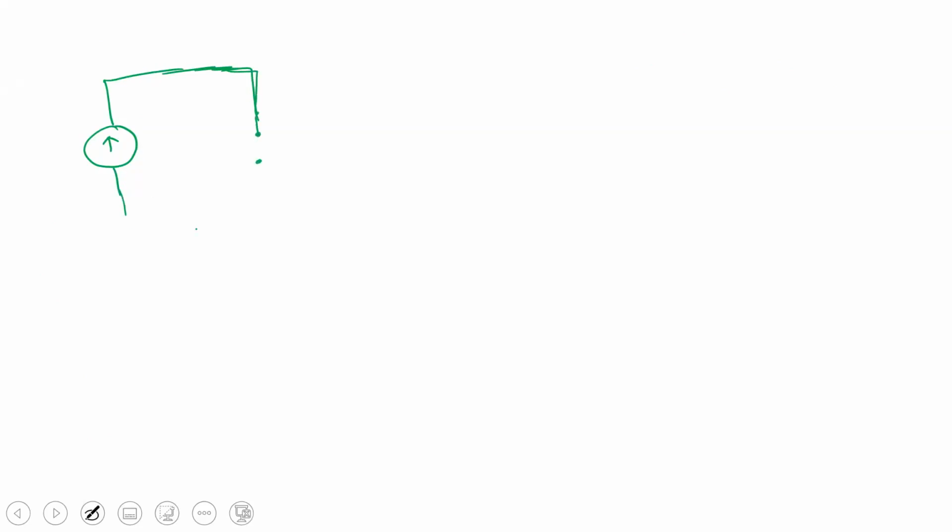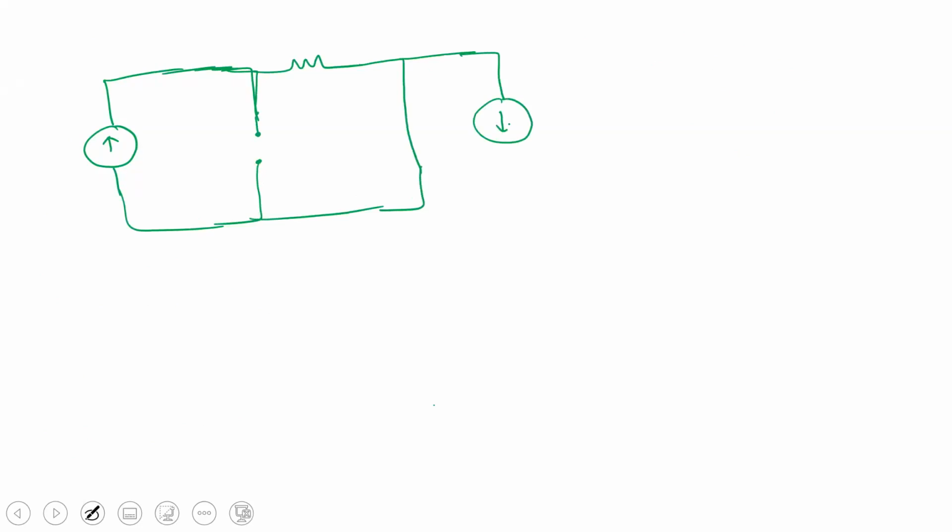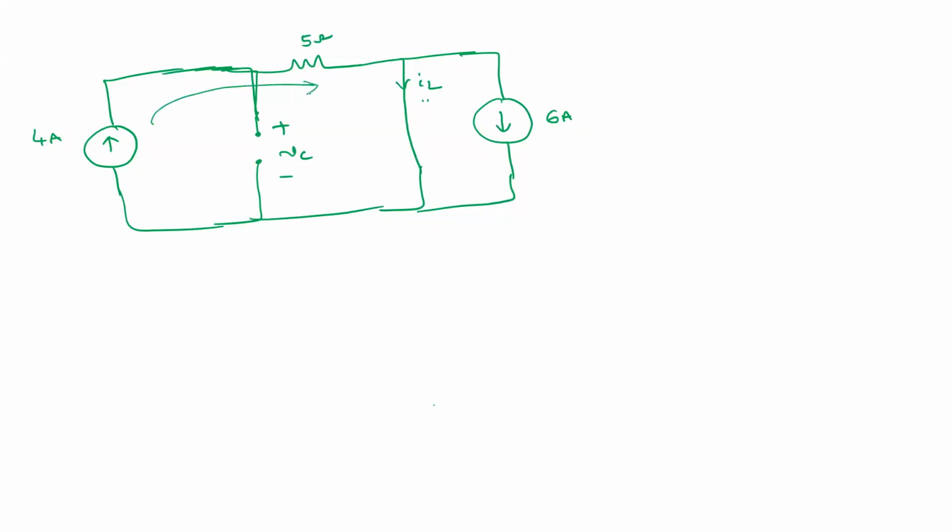This is the capacitor, open circuit. This is VC and this is IL. This is 4 amperes and this is 6 amperes, and this is 5 ohm. The 4 ampere flows like this and the 6 ampere flows like this, so the overall current is minus 2 amperes.